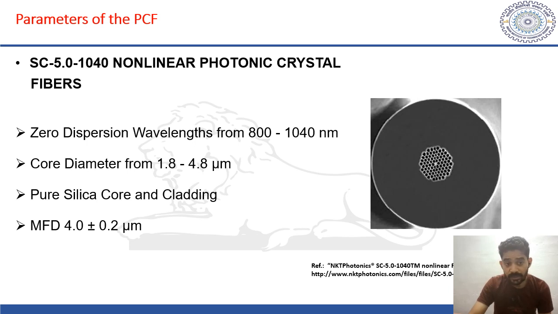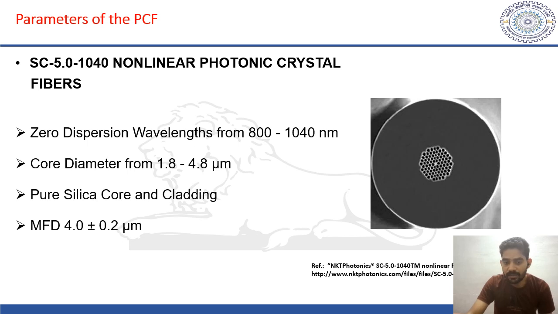Here 1040 is the zero dispersion wavelength, meaning at that particular wavelength we are not getting any dispersion. We can get different kinds of photonic crystal fiber with zero dispersion wavelength from 800 to 1040 nanometers. The core diameter of this fiber is 1.8 to 4.8 micrometers.